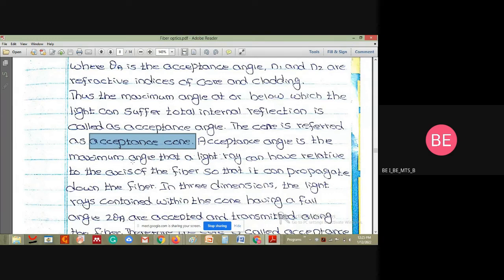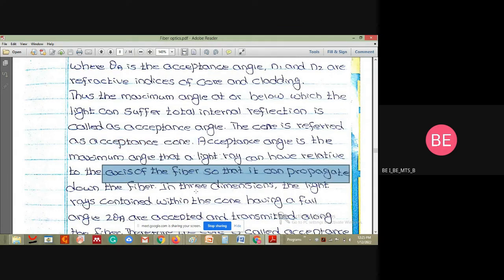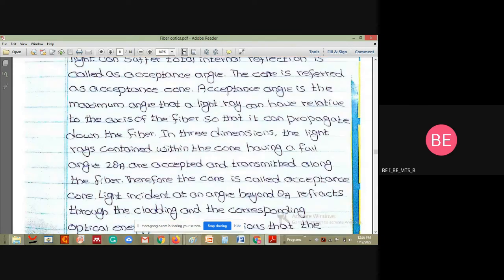And acceptance angle is the maximum angle that a light ray can have relative to the axis of the fiber so that it can propagate down the fiber. So if the incident light ray goes beyond this acceptance angle, total internal reflection will not happen, and you cannot expect light to propagate down the fiber. It will simply be refracted out of the fiber. So in 3 dimensions, the light rays contained within the cone having an angle of 2 theta A are accepted.